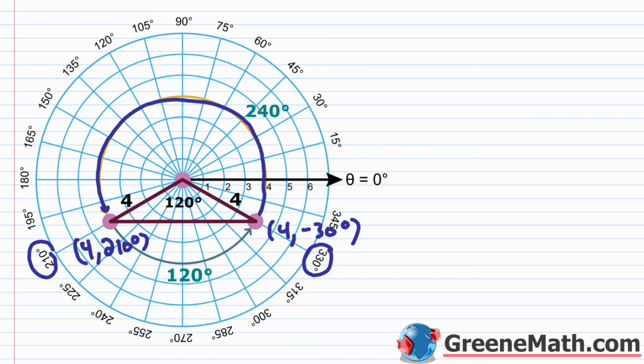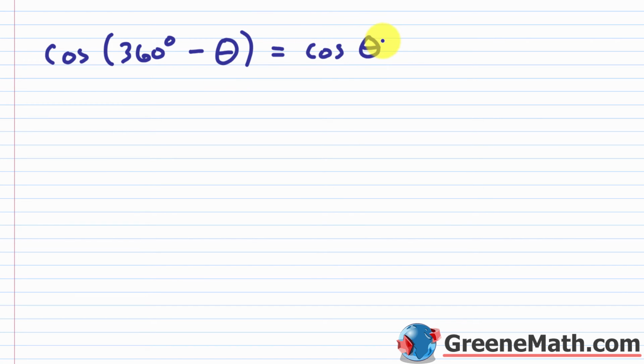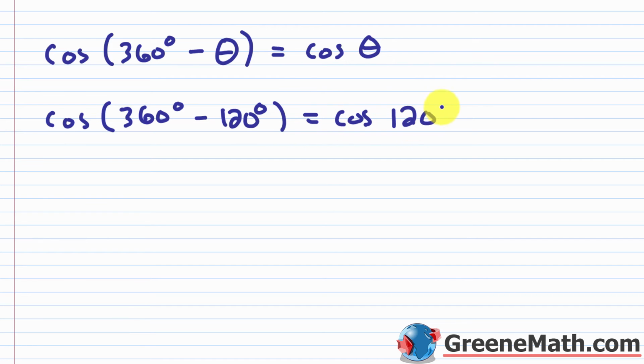So what in the world is going on? Well, it turns out that we have a little identity, and it states that the cosine of, let's say, 360 degrees minus some angle theta, whatever it is, is going to be equal to the cosine of that angle theta. So this is exactly what we just came across. We see that the cosine of, let's say, theta is 120 degrees. So 360 degrees minus 120 degrees would be equal to the cosine of 120 degrees.